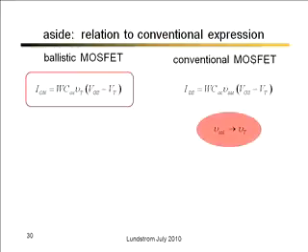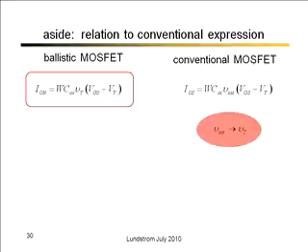Okay, so it's easy. I can relate this expression that we've just derived. It's almost equal to the textbook expression for a velocity-saturated MOSFET, but the textbook expressions, at least from 10 years ago or so, would put in a VSAT that was the bulk saturation velocity. And it was hard to theoretically justify.